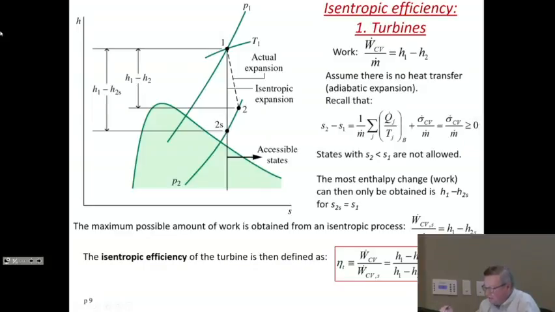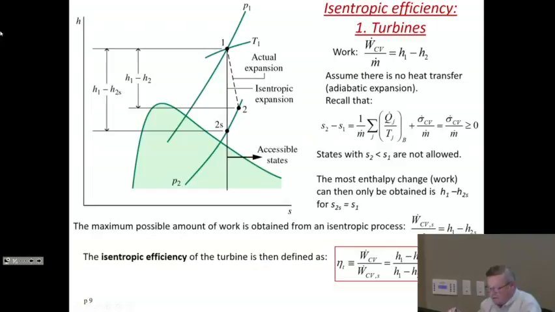Now, the most enthalpy change that is directly work can then only be obtained if H1 minus H2 has to be smaller than H1 minus H2s. Let's say this again. H1 minus H2 has to be smaller than H1 minus H2s. So this H2s is for a fictitious transformation 2s that conserves the entropy from point S1.